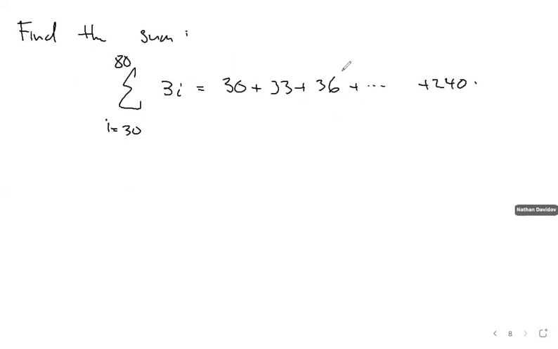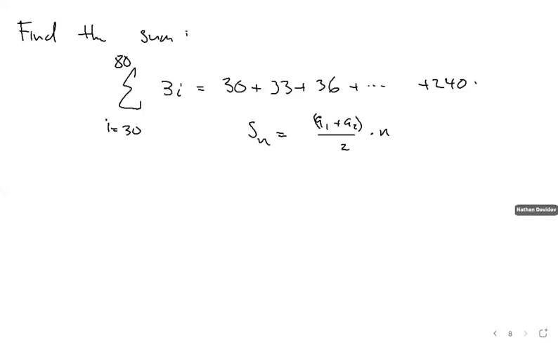Okay, so this is what my sequence looks like. This is an arithmetic sequence, and I'm adding by 3 each time. So if I were to write this out, I know that S sub n is equal to A1 plus A2 all over 2 times n. I know what A1 is.